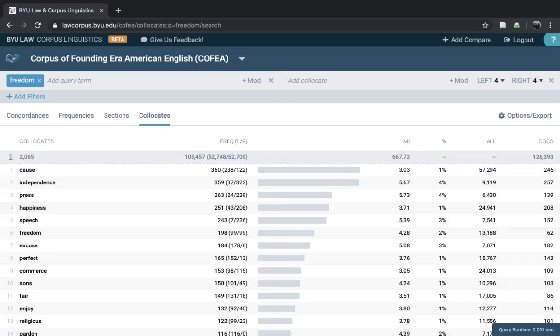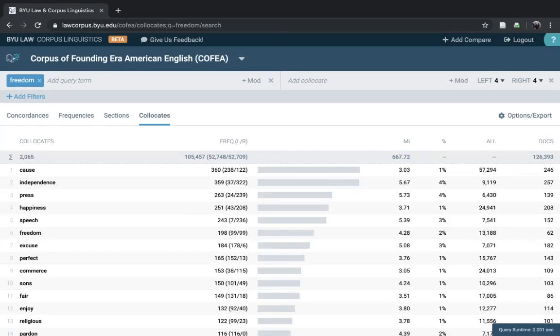Then we'll see the percent, which is the frequency that the two words occur together divided by the total frequency of the collocate word. Over here is the total frequency of the word in the corpus, and the docs is the total number of documents that contain both words co-occurring in the given span. So here would be both containing cause and freedom.